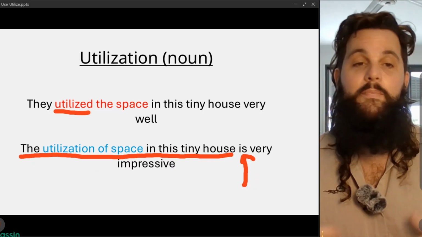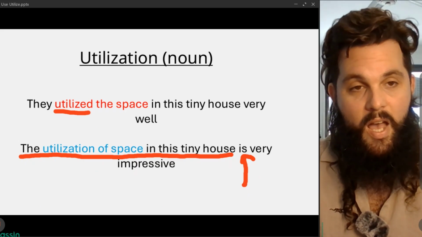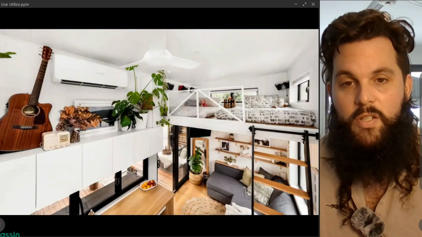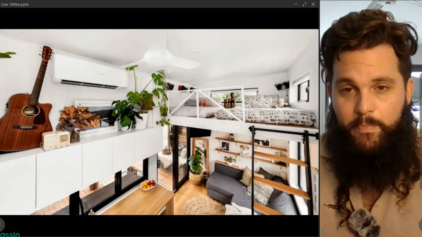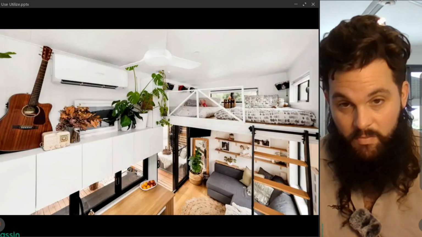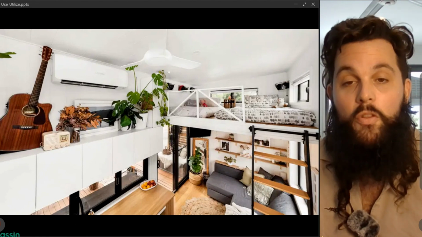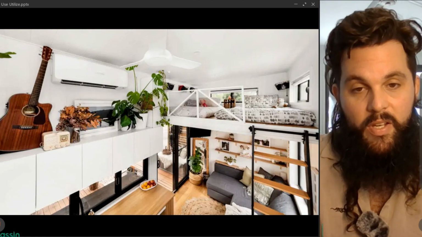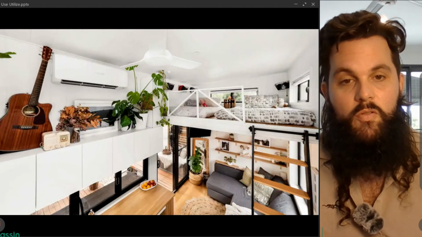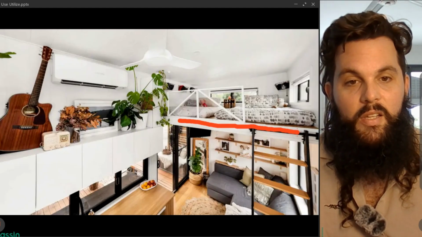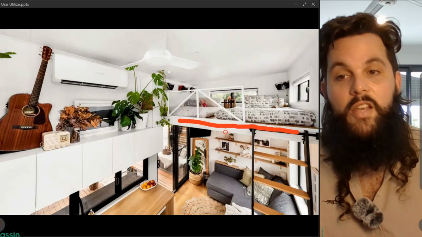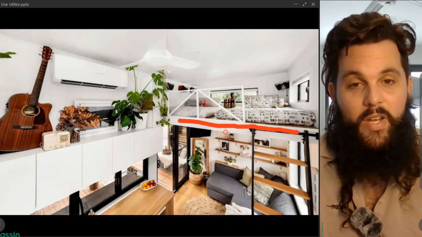So same sentence, just a different way to say it with the noun form instead of the verb form. So here's an example of what we were just talking about. See, they utilized the space in this tiny home very, very well, very impressively, or the utilization of space is very impressive. They've put the bedroom above the living area and utilized the space in a very creative way.